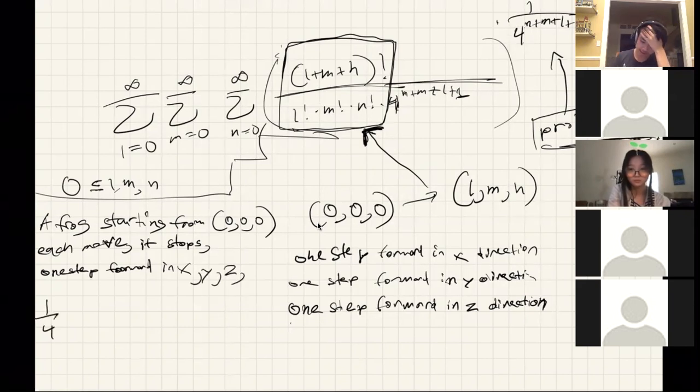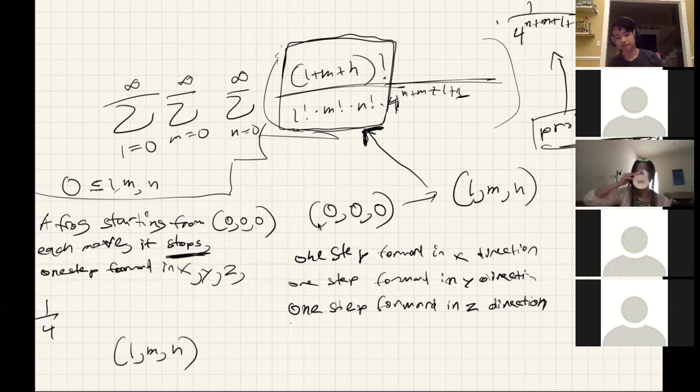So the question is, what is the probability that it's going to stop at the point L, M, N for non-negative integers L, M, and N? Once again, it starts from 0, 0, 0. Each move, it either stops, goes one step forward in the x direction, one step forward in the y direction, or one step forward in the z direction, each with equal probability.